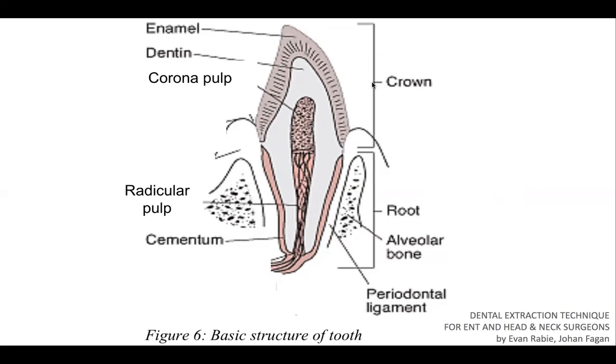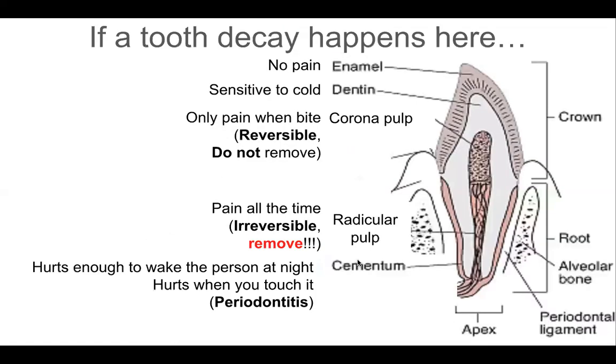Let's focus on the crown. We can separate it into enamel, dentine, coronal pulp, and radicular pulp, which is in the root. Our tooth is connected to the alveolar bone by the periodontal ligament. If a tooth decay happens in the enamel, there will be no pain.